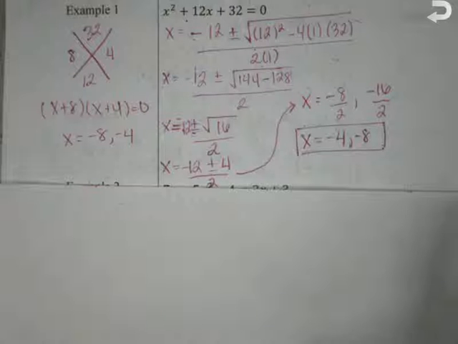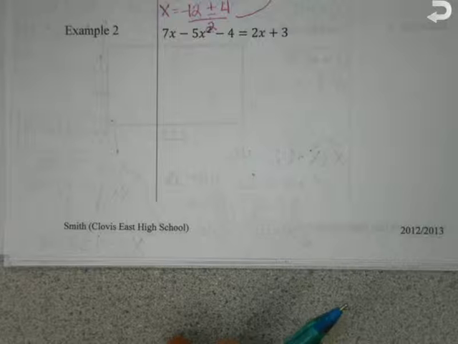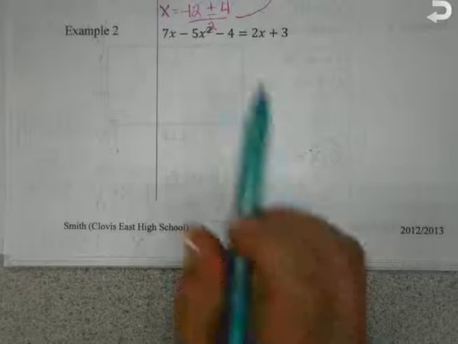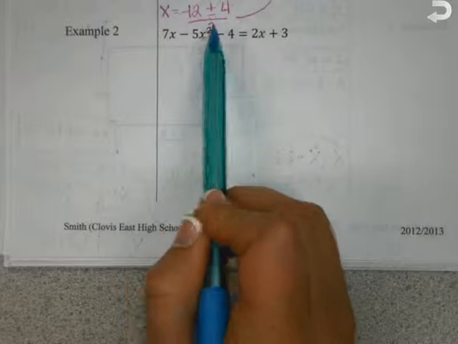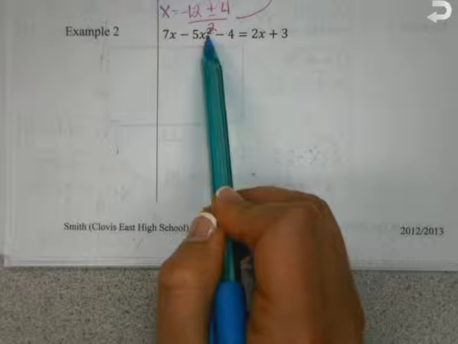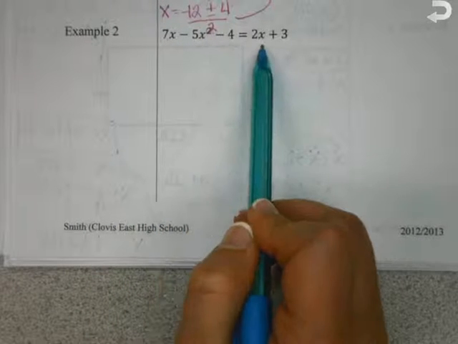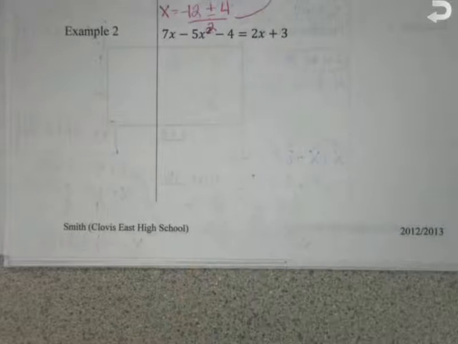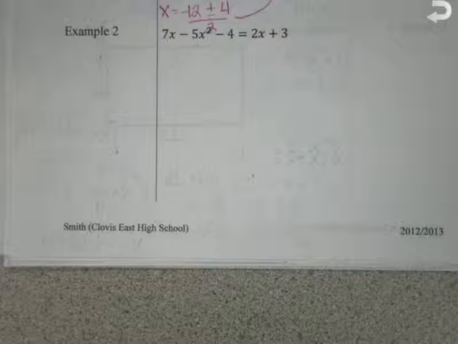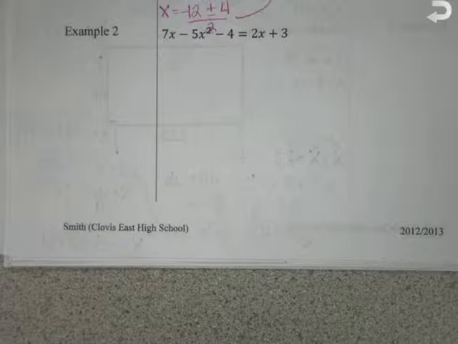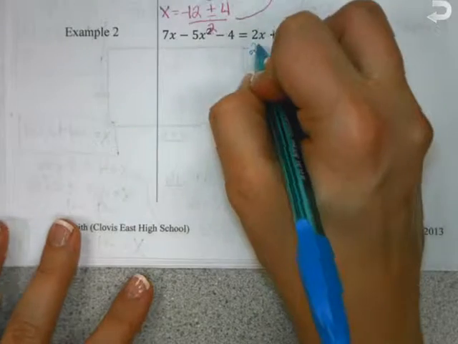Okay, example 2. We have 7x minus 5x squared, that's a 5x squared, minus 4 equals 2x plus 3. We want the whole thing equal to 0, so what do I have to do? Subtract 2x and subtract 3.